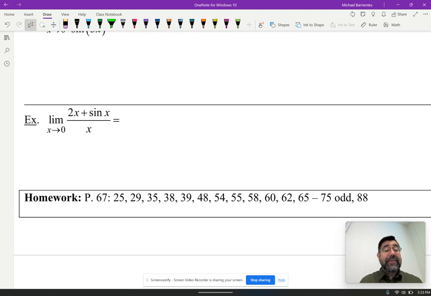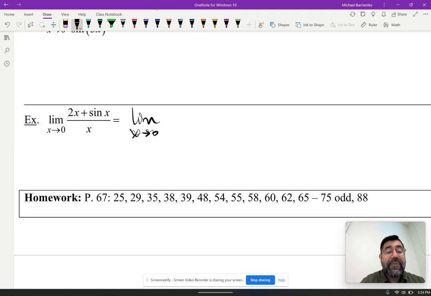How do I take the limit of 2x plus sine x over x as x approaches 0? Any ideas? If you have an idea, pause and play with it. If you don't have an idea, I'll remind you, whenever we're dividing by one term, I can divide each of the terms in the numerator by that one term.